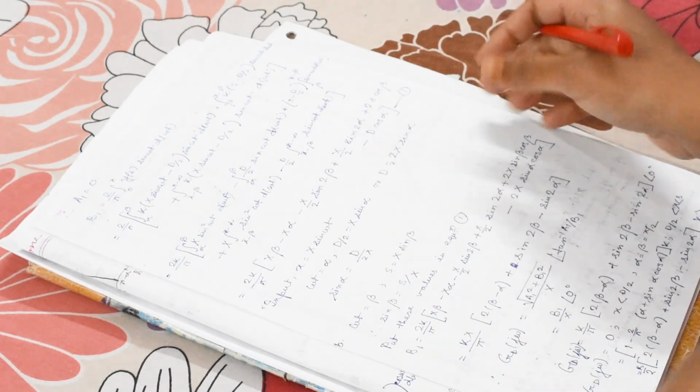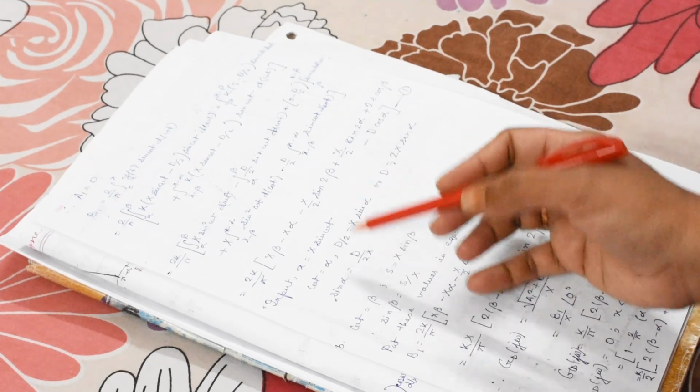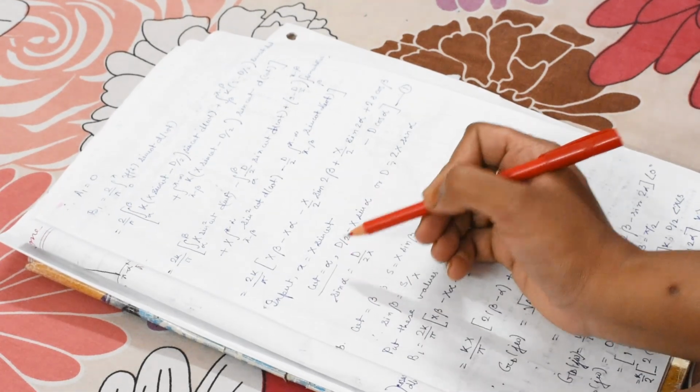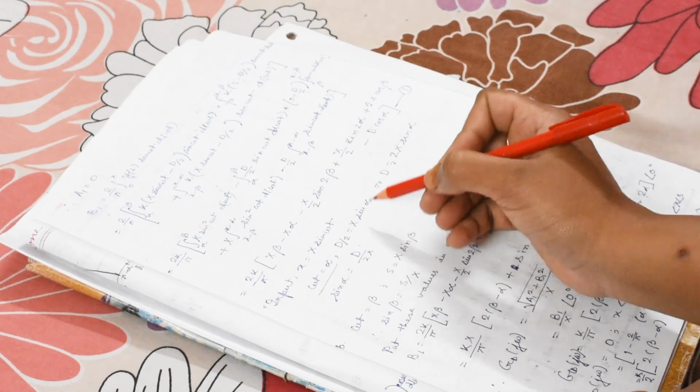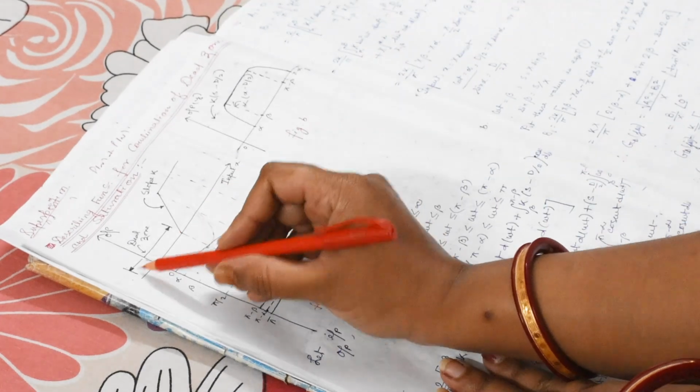So we know that the input x equals capital X sin omega t, and when omega t equals alpha, then d by 2 is capital X sin alpha. What is d by 2? This is d by 2. This is total d.